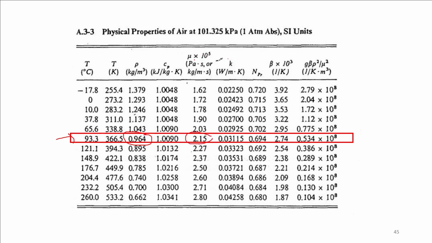Since above it says mu times 10 to the power of 5, your exact value of mu would be 2.15 times 10 to the power of negative 5. Then we want this K value and Prandtl number.